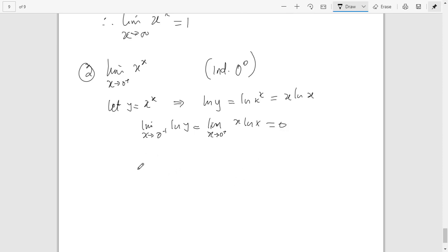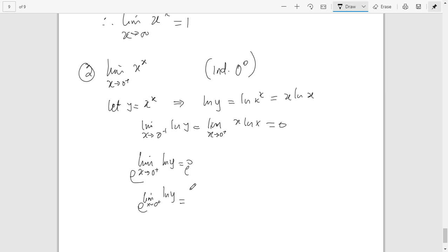So since the limit as x goes towards 0 from the right of the natural log of y is equal to 0, to find what my y is, I'm going to exponentiate both sides. If I exponentiate this side, I can bring down my limit. Or let me write it out. I hope the step I'm skipping doesn't cause confusion here.